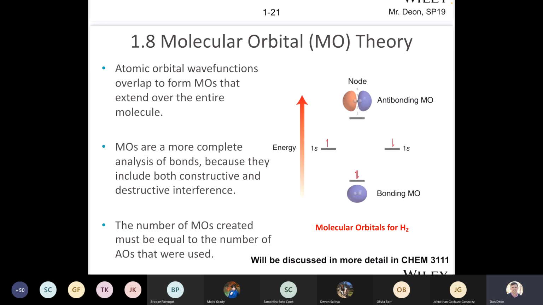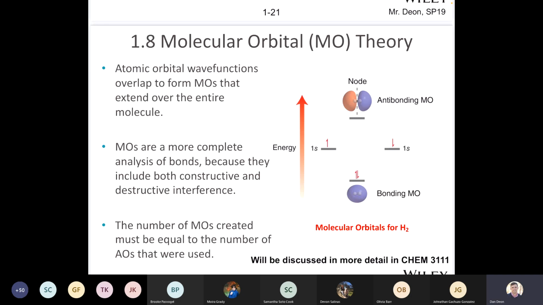The most important thing to know is that molecular orbital theory is simply another way to view the electrons dispersed around a molecule. We can use valence bond theory, or we can use molecular orbital theory. And if you're wondering which one we use, we use whichever one suits our needs at the time.